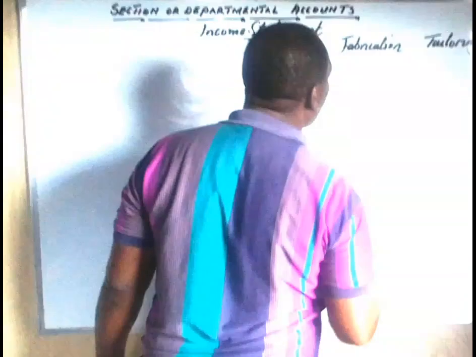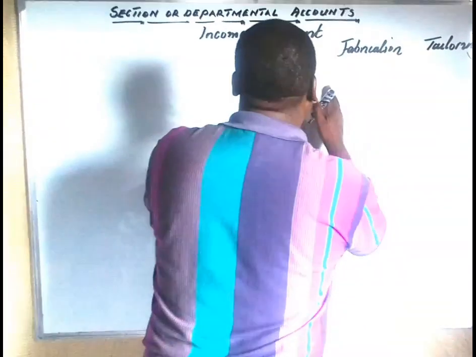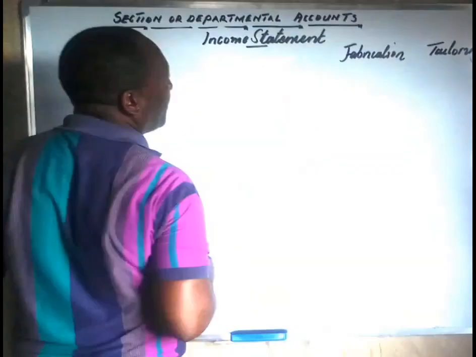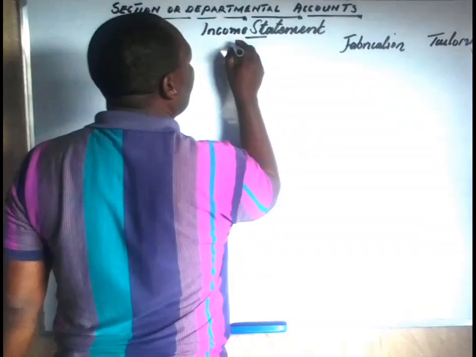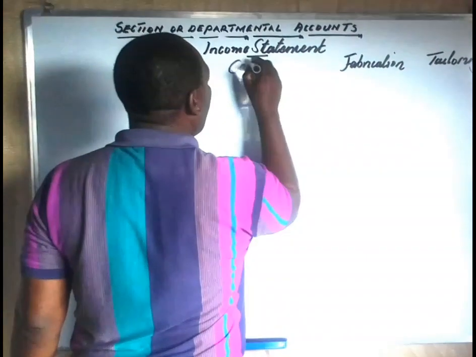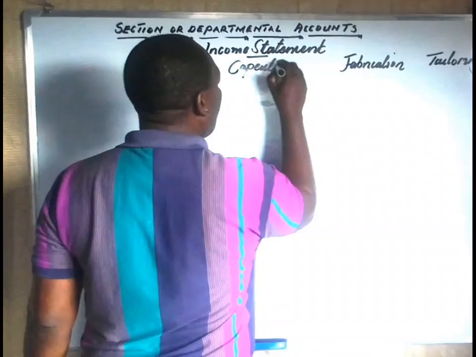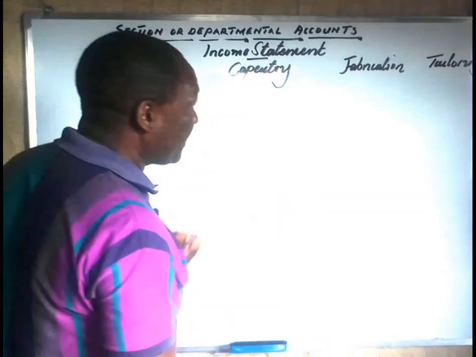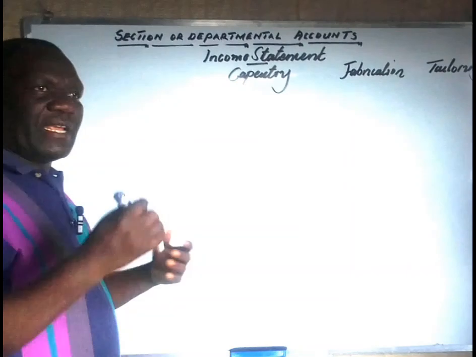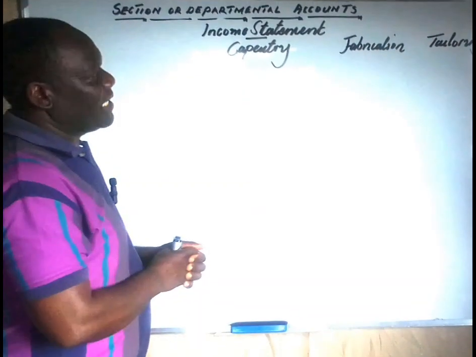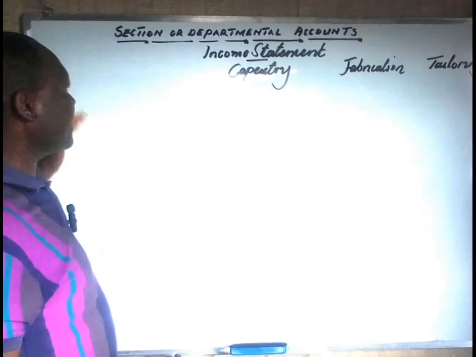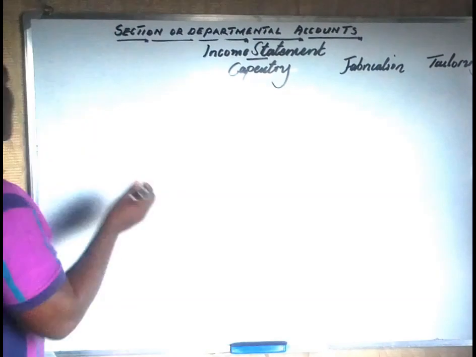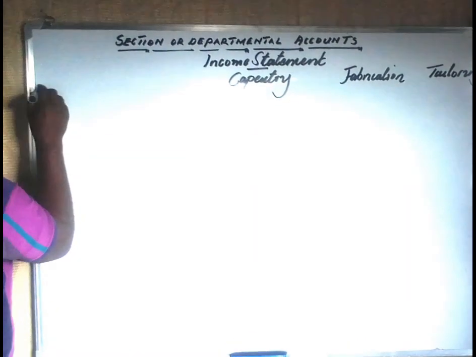Okay, leave a space here and put my carpentry here. Alright, you know that every income statement starts with the sales. So in this case, I'll go straight to our sales.